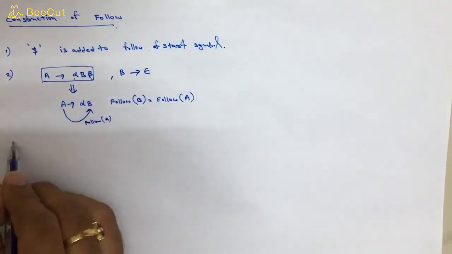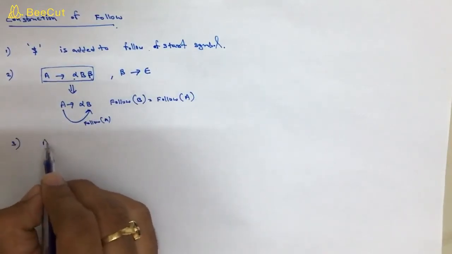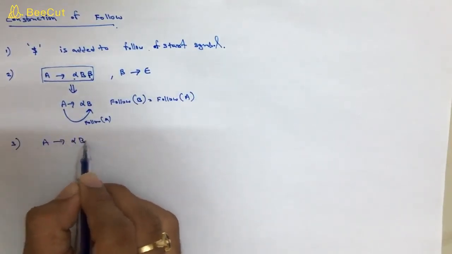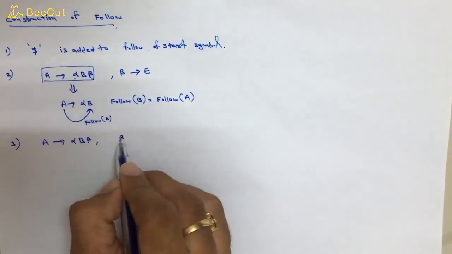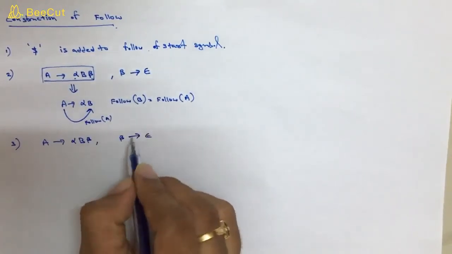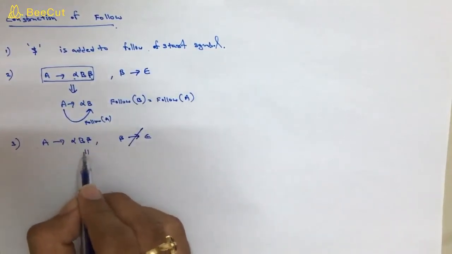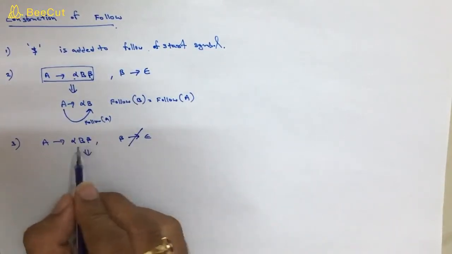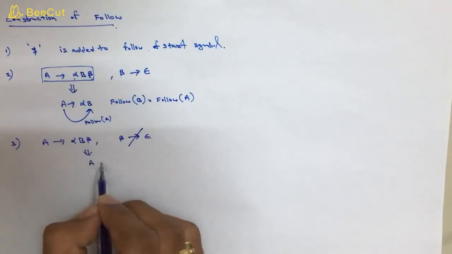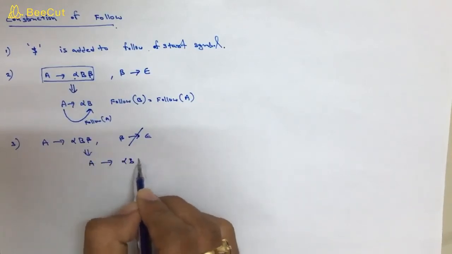And the last rule is, if the production is in the same format, A tends to alpha B beta, and beta is not deriving epsilon, that means the production is as it is, we don't have any changes. The production is in the alpha B beta format only.